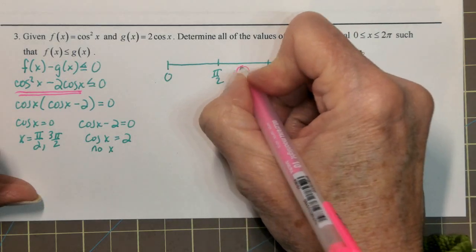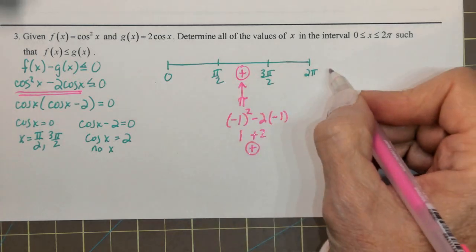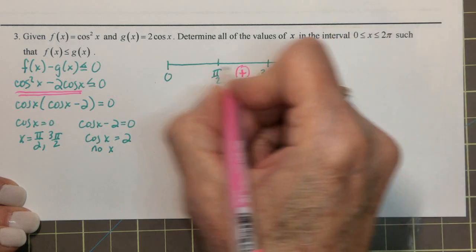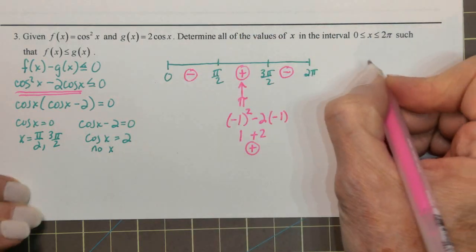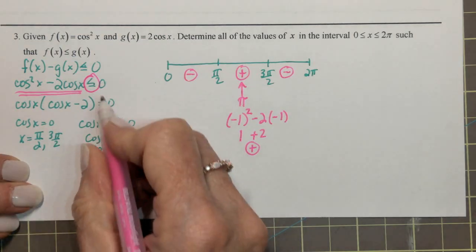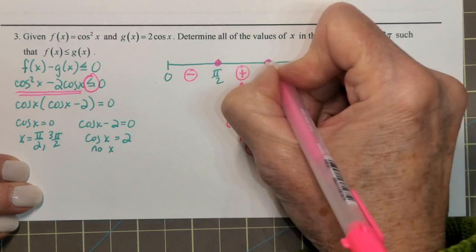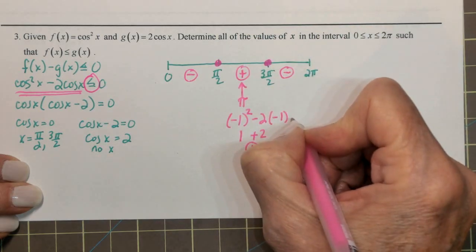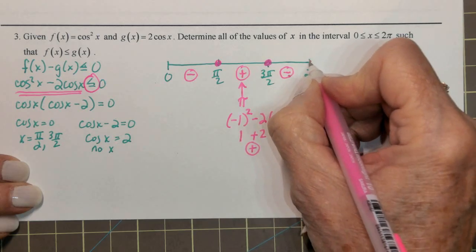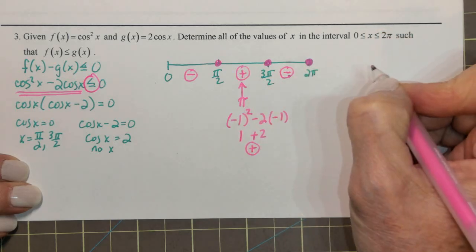So this is positive. Therefore, like I said, I've created problems that are going to alternate in sign. So this is going to be negative, and this is going to be negative. We want negative. We want negative or equal. So equal and equal, right? Negative here means it will be negative at 2 pi.